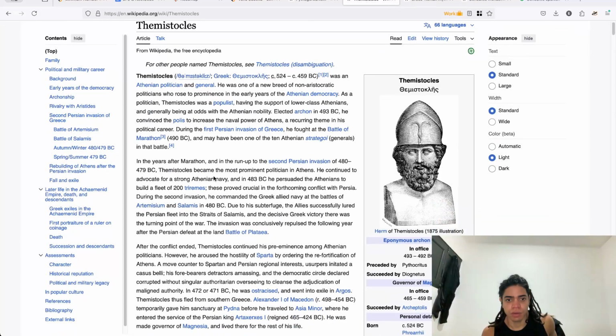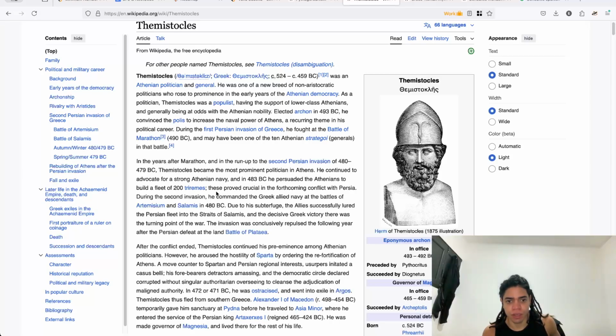In the years after Marathon and in the run-up to the second Persian invasion, 480 to 479, Themistocles became the most prominent politician in Athens. He continued to advocate for a strong Athenian navy, and in 483 he persuaded the Athenians to build a fleet of 300 triremes. This proved crucial in the forthcoming conflict with Persia.